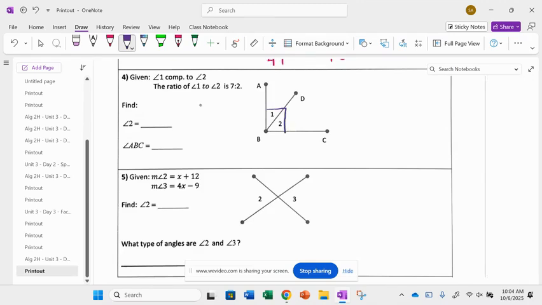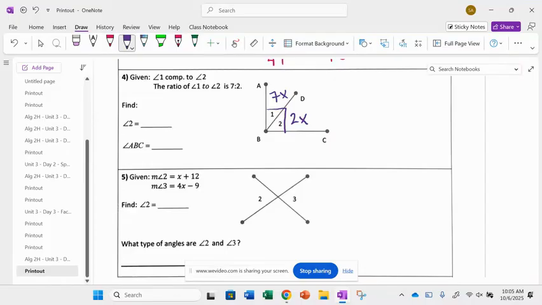So then it says the ratio of 1 to 2 is 7 to 2. Who remembers what I said? When we take numbers out of a ratio, what do I have to put with it? Leilani. An x. So it's saying 7x and 2x. Now we need to solve for x based on how we labeled everything. Can anybody think of an equation to help us solve for x?